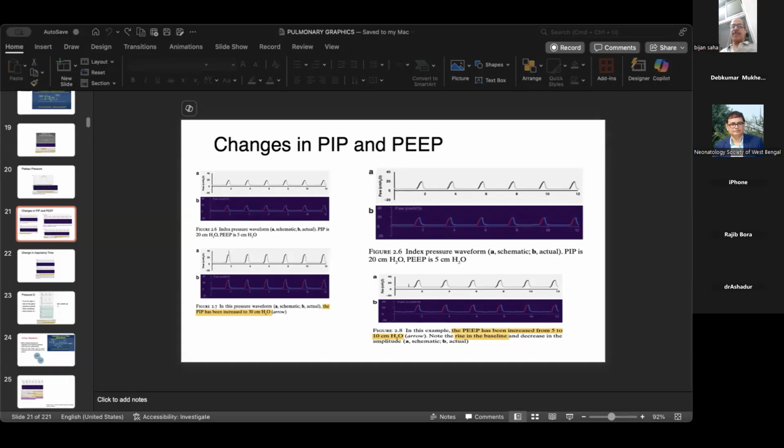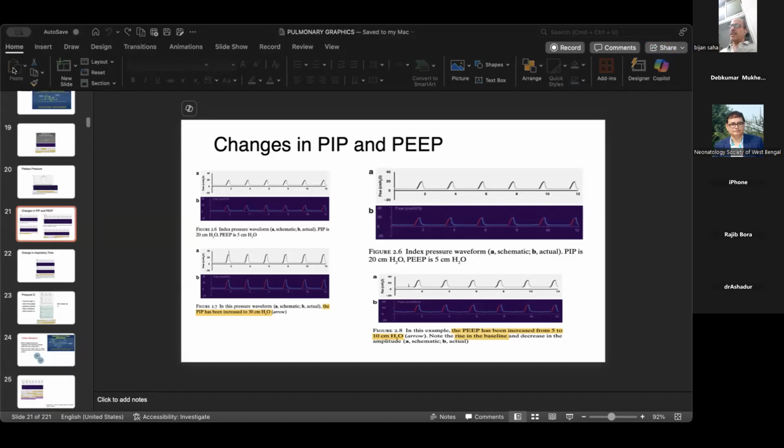They say that pulmonary graphics is nothing but a computer without a screen. Many of the complications that we have observed during mechanical ventilation can be detected in pulmonary graphics before they happen in clinical practice. So whenever you are ventilating a baby, always look at the screen.